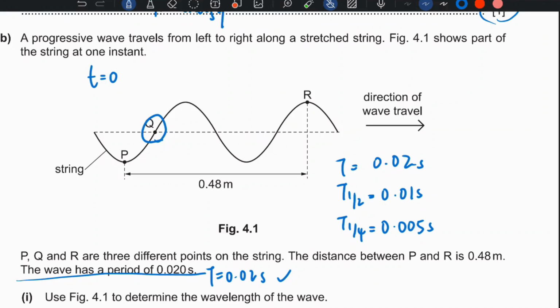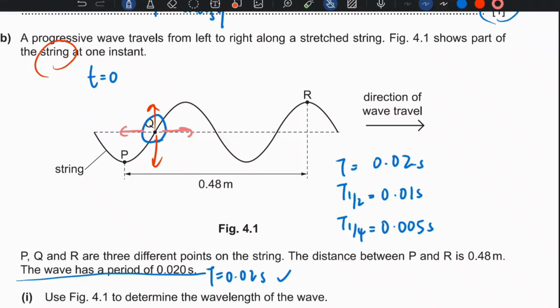Whether it's going to move up or down or left to right. Point Q is going to move up and down because this is a string and this is a transverse wave. A transverse wave means the particles move up and down. If this was a sound wave, that means it is a longitudinal wave, therefore the particles will move left to right.